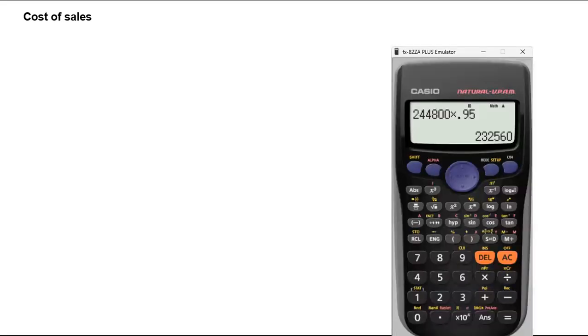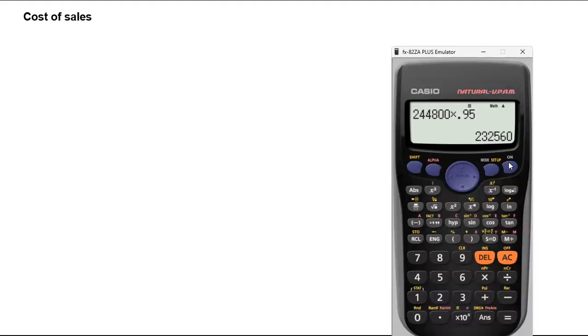Now, sometimes they will just give you credit sales and they will say credit sales is 20,000, right? And since credit sales is 20,000, in total, 70% of our sales are credit sales. Then you'll have to do this quick calculation here.